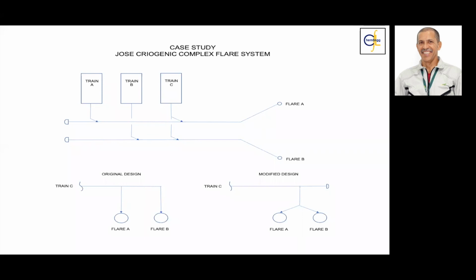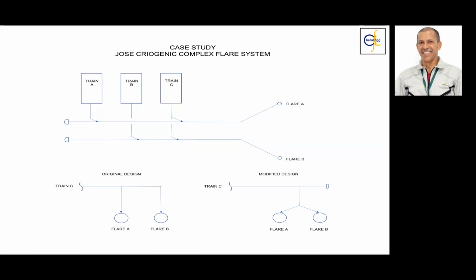Those are the main products they commercialize from these trains. So the first project I worked on with them was to upgrade train A and train B from 35 to 50,000 barrels per day.